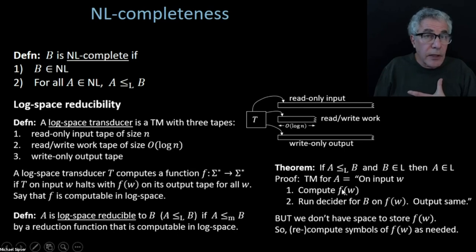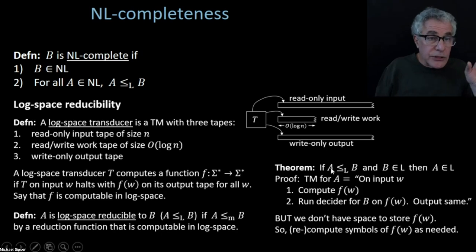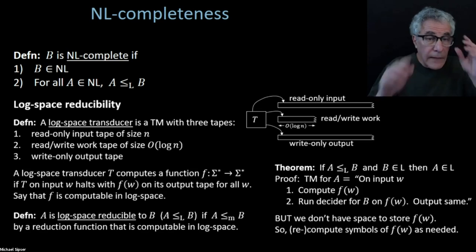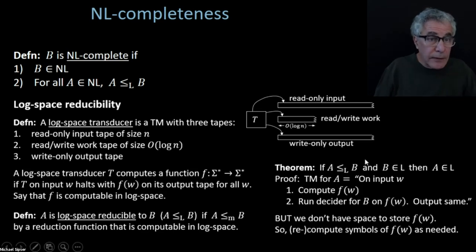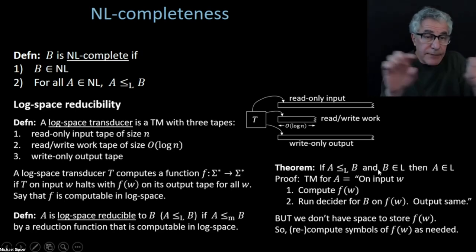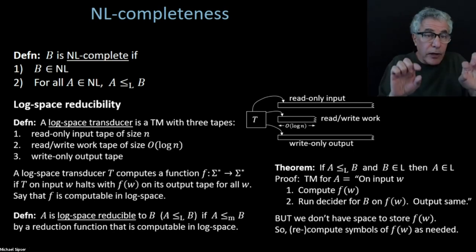So f of w, because what are we doing? We're trying to find a decider for A here, using the decider for B and the mapping from A to B, the reduction from A to B. So the decider for B expects to find its input on an input tape.